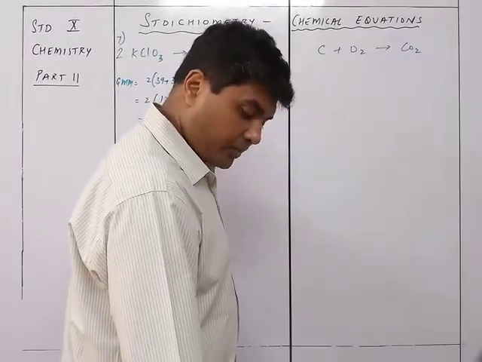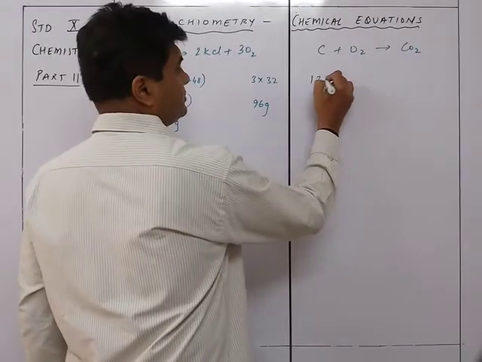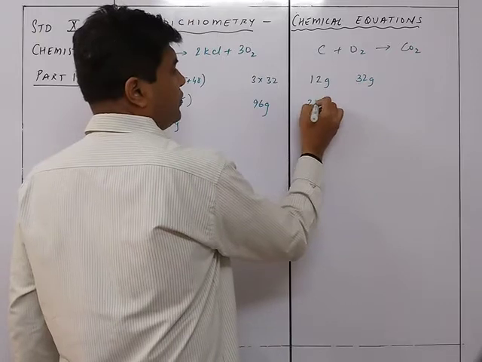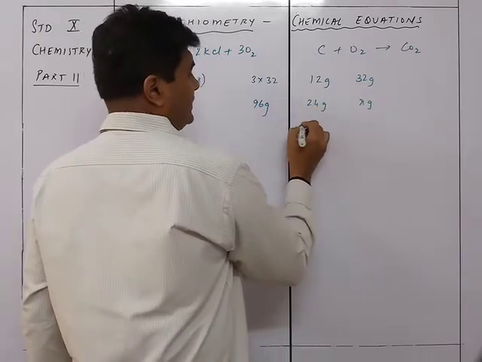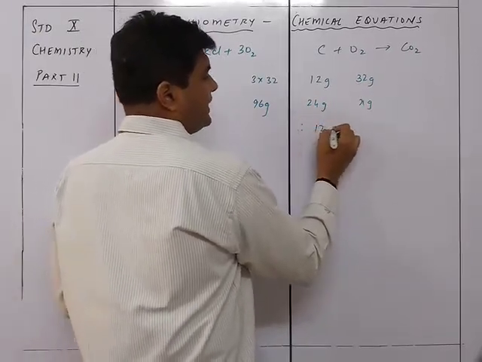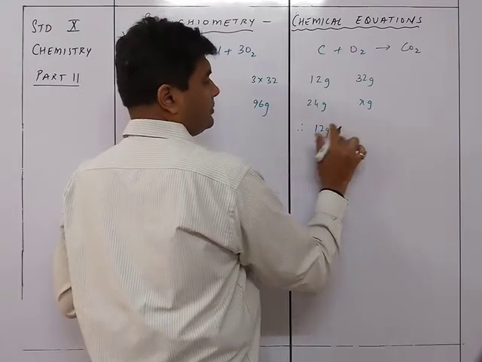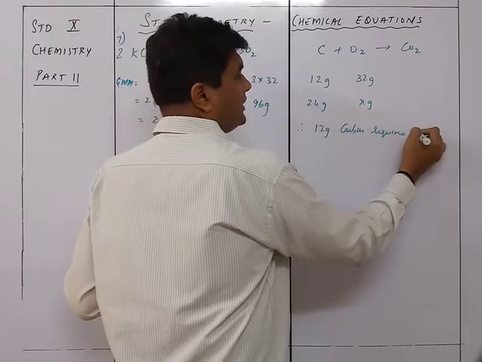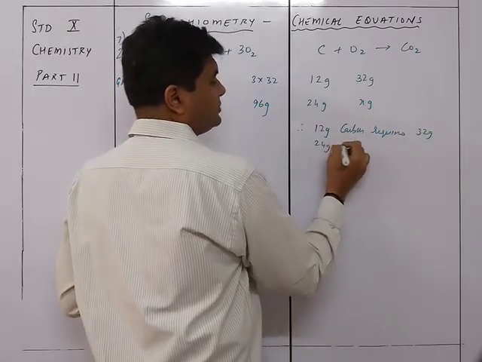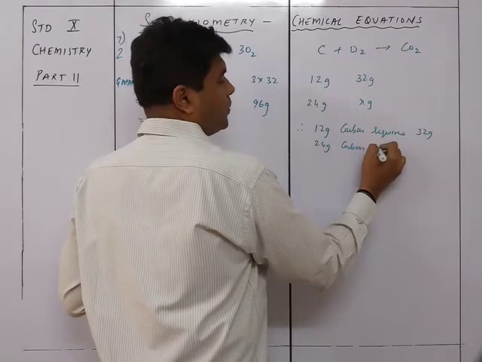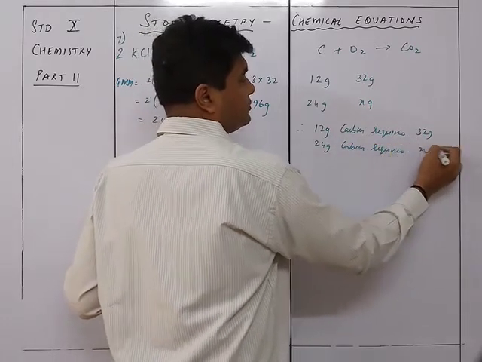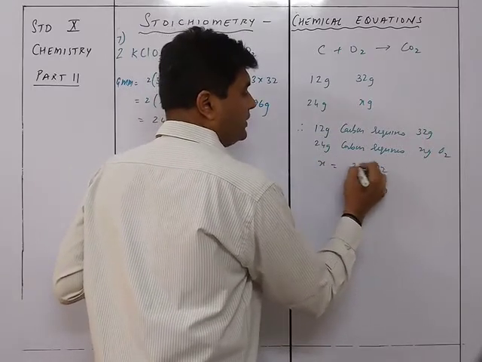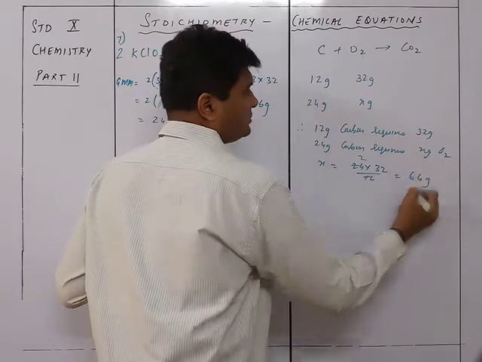So 12 grams carbon requires 32 grams O2. So 24 grams carbon requires X grams O2. So X is equals to 24 into 32 upon 12 is equals to 64 grams.